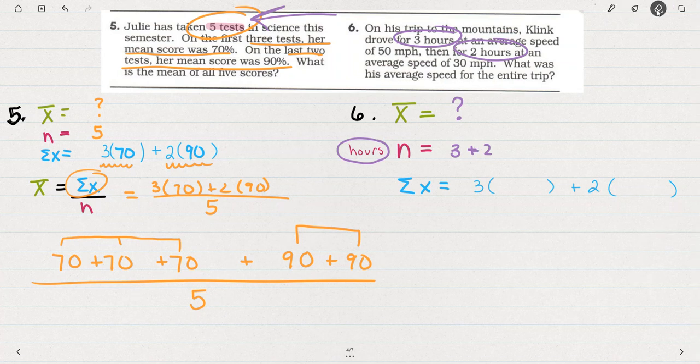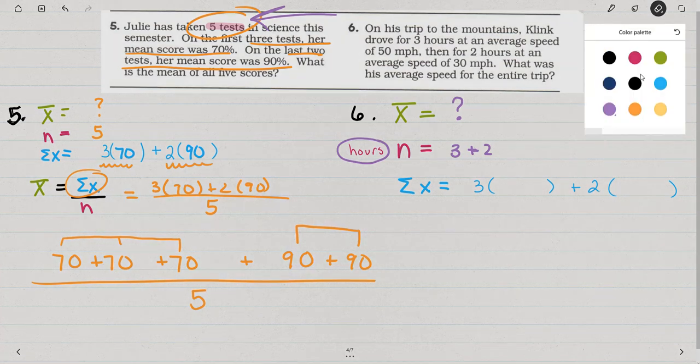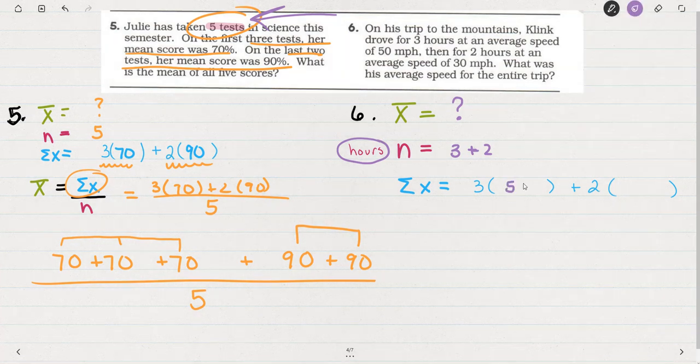I can also see the total number of miles covered. So he drove 3 hours at an average speed of 50 miles per hour. So I could see that that's going to be 150 miles covered altogether.